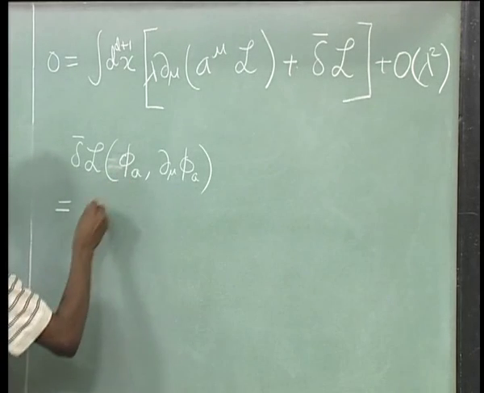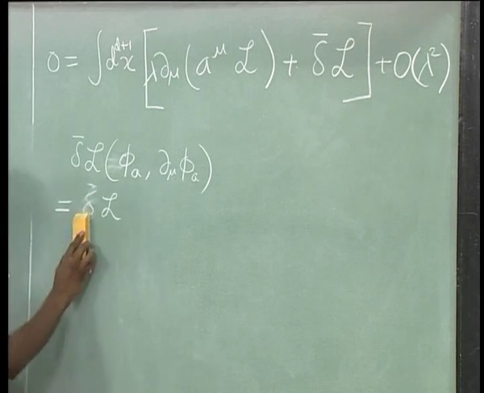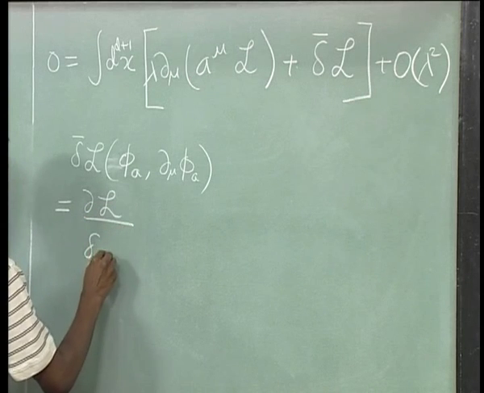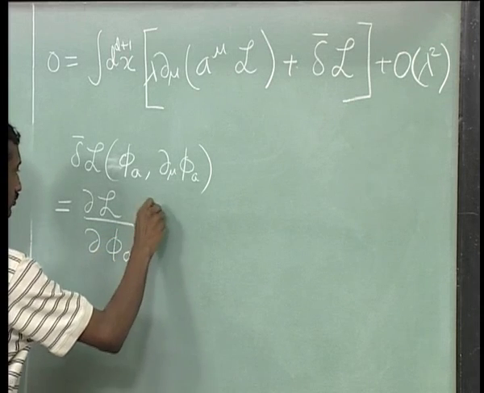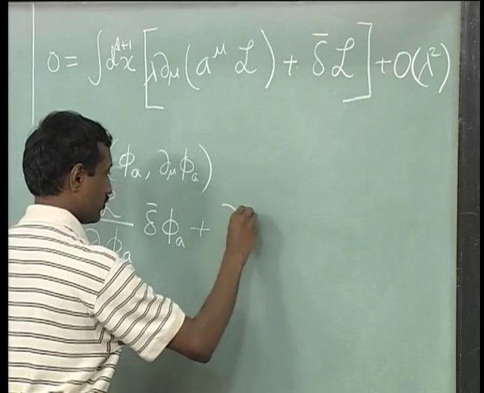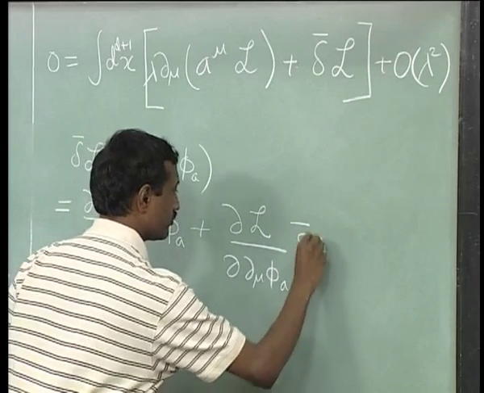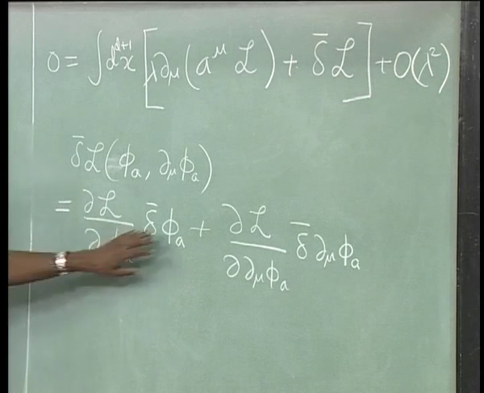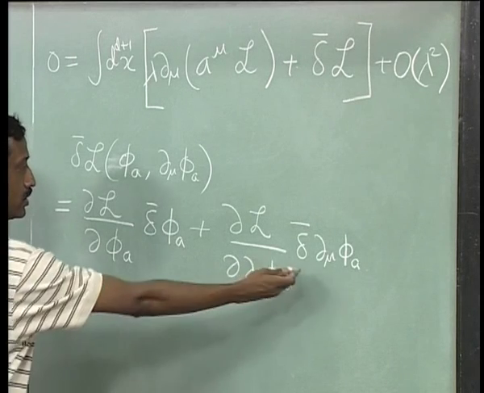So this will get terms from, plus, I have done nothing, I have just written out how delta bar acts on these things, and now what I can do is to integrate.